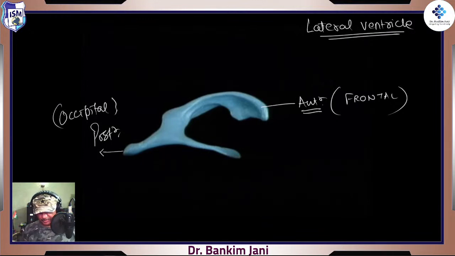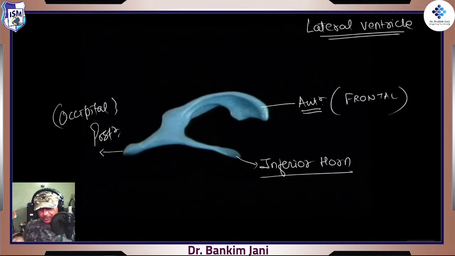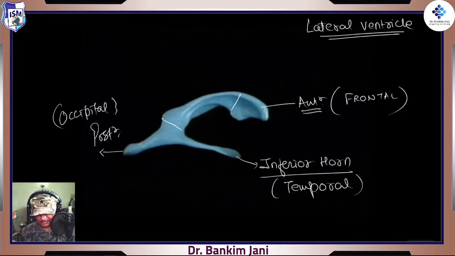That's fine. This lateral one, there is no choice, right? This is the one which is going on the lateral side, so this is what is called the inferior horn, right? In this inferior horn, it is going below, so it will go into the temporal lobe. The rest of the area is called the body, and this body would be in the parietal lobe, right?